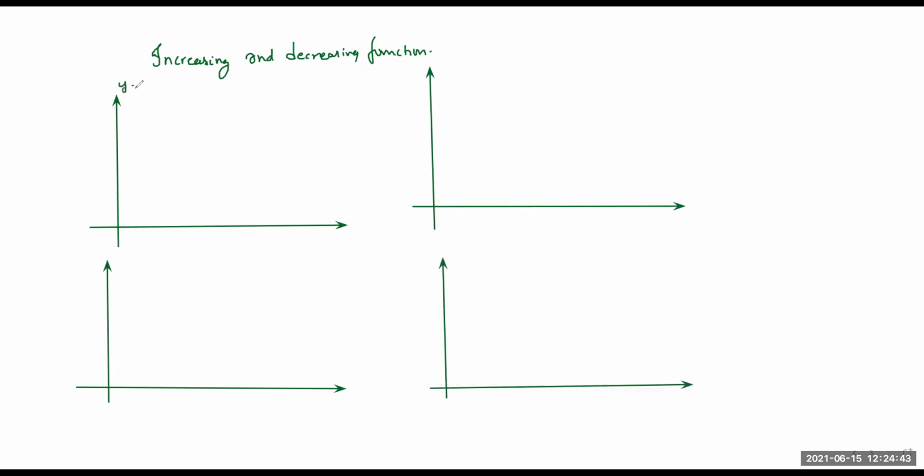So let's say we have y equals f(x), some random function. I've done four graphs, so let's say I'm drawing the graph like this.